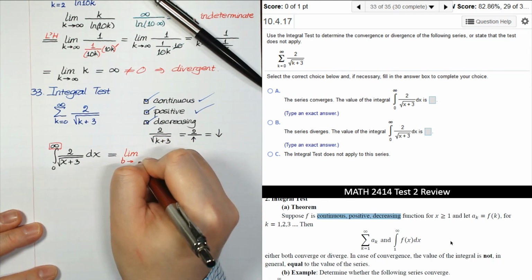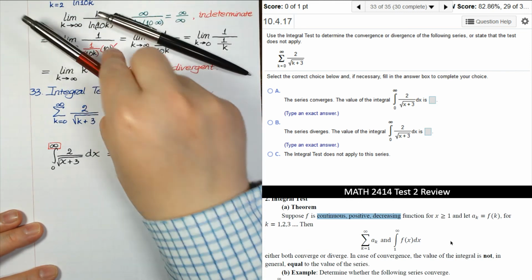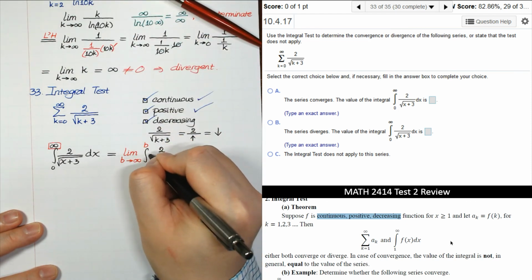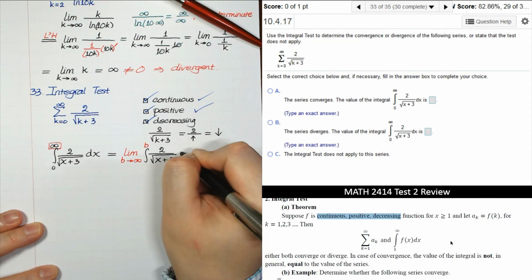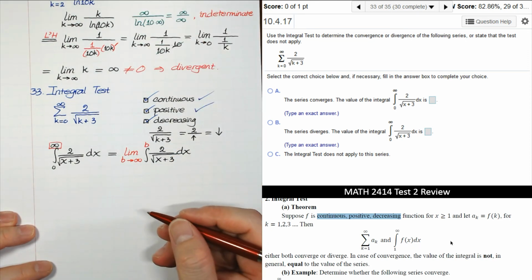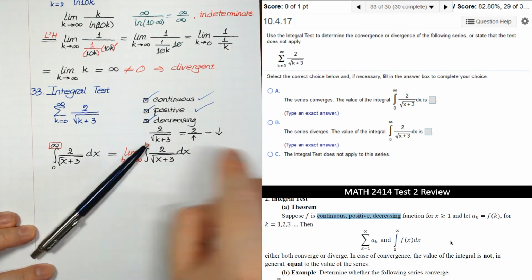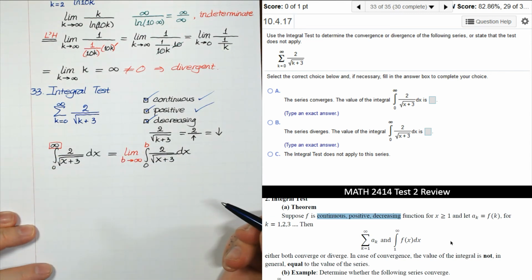For the upper limit, let's use b. Right, we use substitution here to evaluate this integral, going from 0 to b.